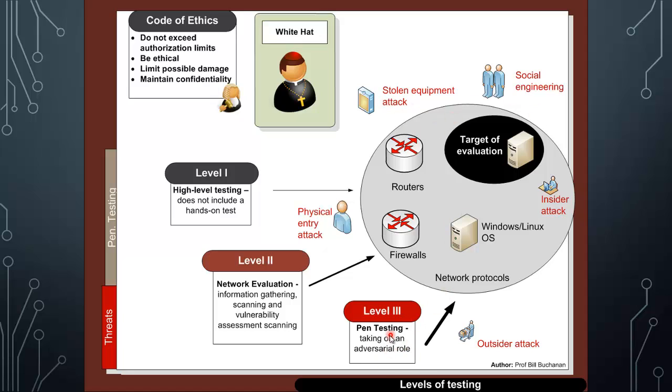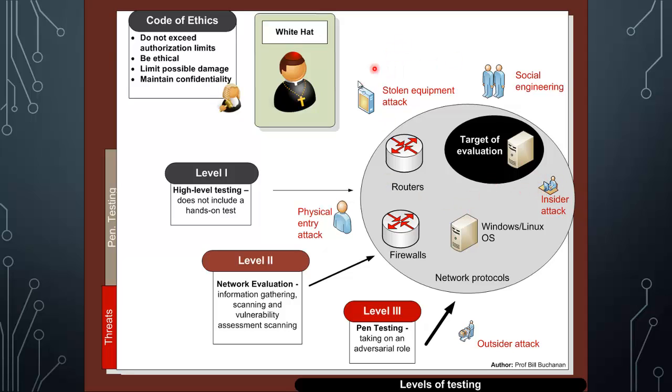And then in the third level, we go to an adversarial role, and it is this phase that the tester will actually probe any of the weaknesses to discover any vulnerabilities.